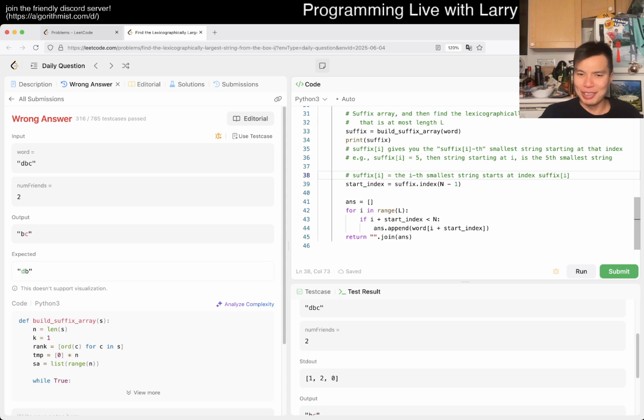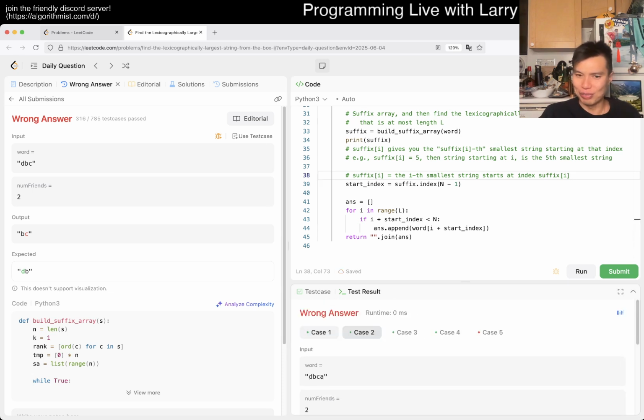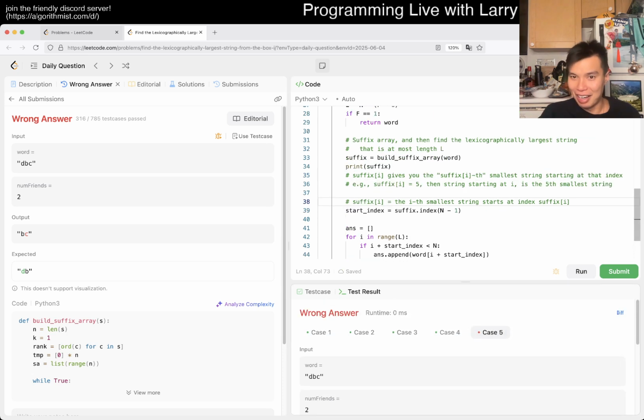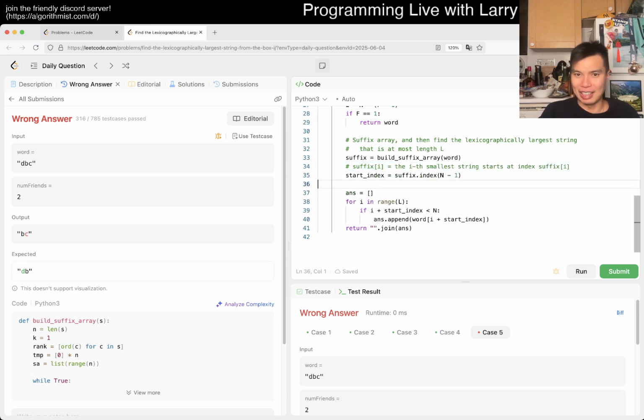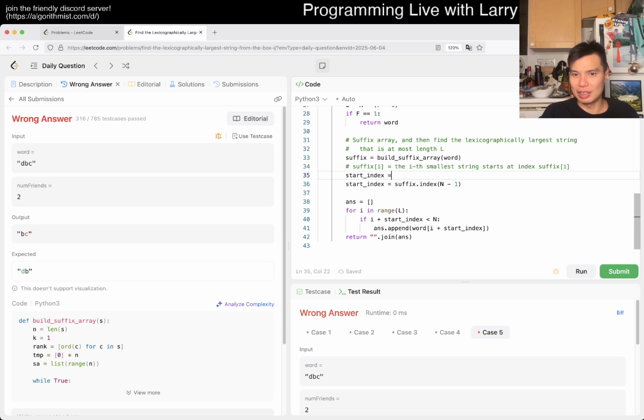And maybe I just got a little bit unlucky or lucky, where for the first 4 cases, both interpretations were ambiguous. So now that means that start index is equal to suffix of minus 1, the last one, right? Because we want the biggest. That should be good.